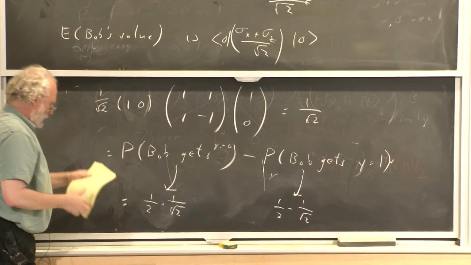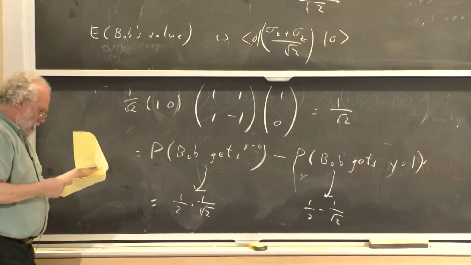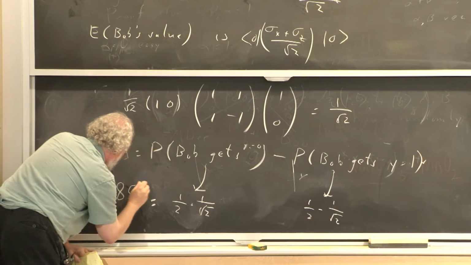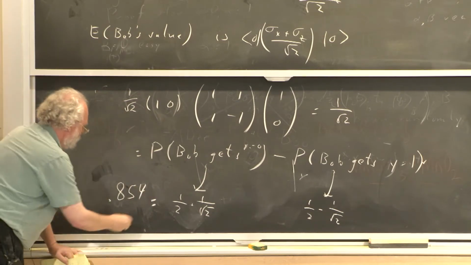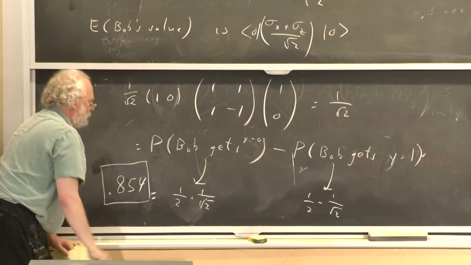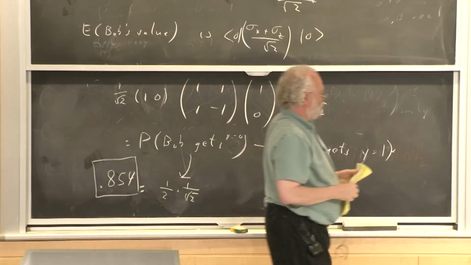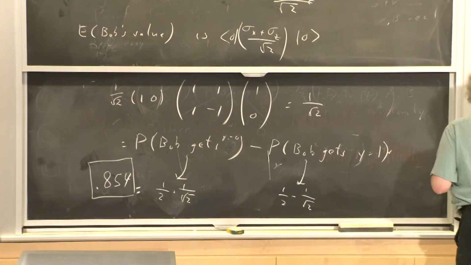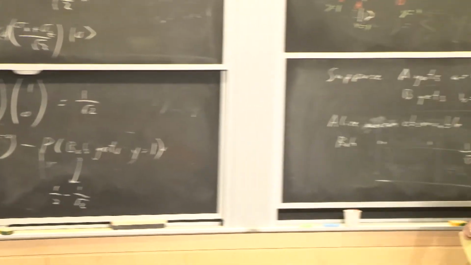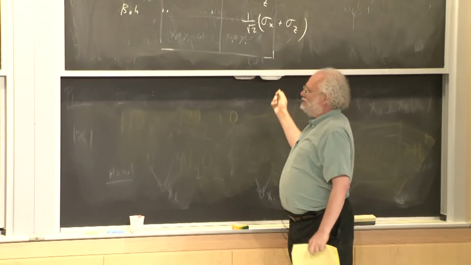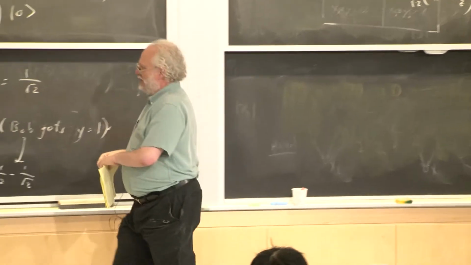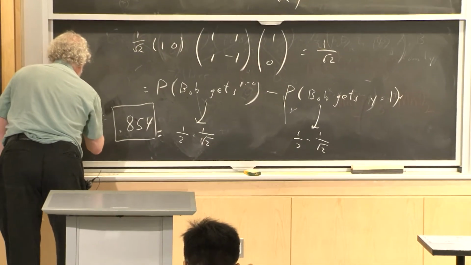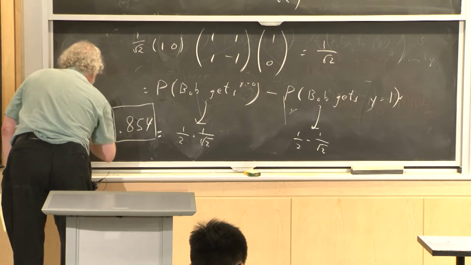So what is that probability? It's 0.854, roughly. And let's go back and look. And it's also equal to cosine of pi over 8 squared.